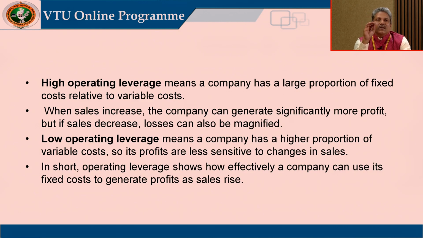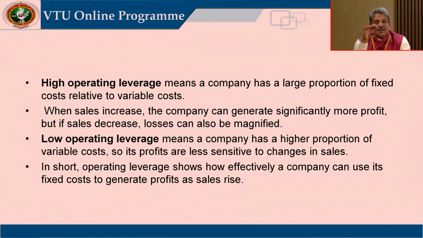For example, the selling price of a product is 10 rupees. The 10 rupees comprises, say, 5 rupees fixed cost, 3 rupees variable cost, and 2 rupees profit: 5 plus 3 is 8, plus 2, 10 rupees selling price.